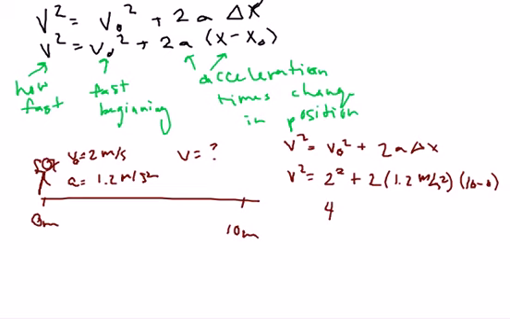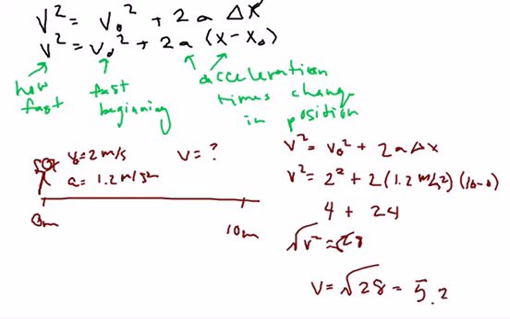So our 2 squared would give us 4, plus 2 times 10 times 1.2, or 24. And that will give us 28 is equal to v squared, and then v is equal to the square root of 28. And if you plug that in your calculator, which is approximately 5.3 meters per second, because this is velocity.